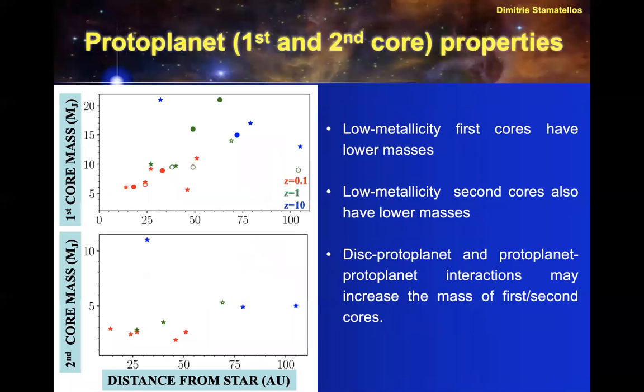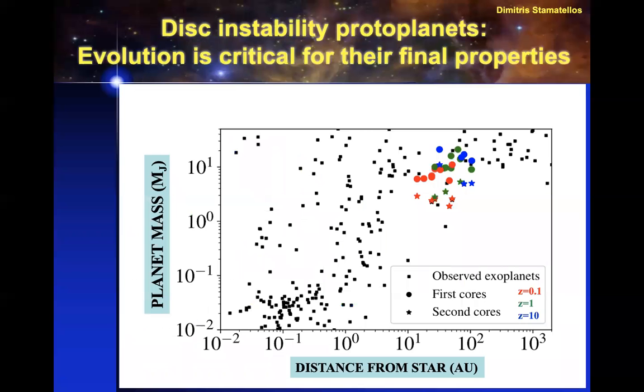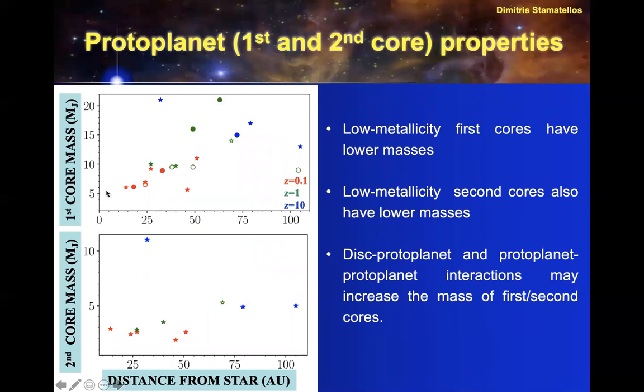So I plot here the first core and second core mass. The first core mass varies from about 5 Jupiter masses up to 20 Jupiter masses, and the lower metallicity cores, the red ones here, have smaller mass than the higher metallicity first cores.